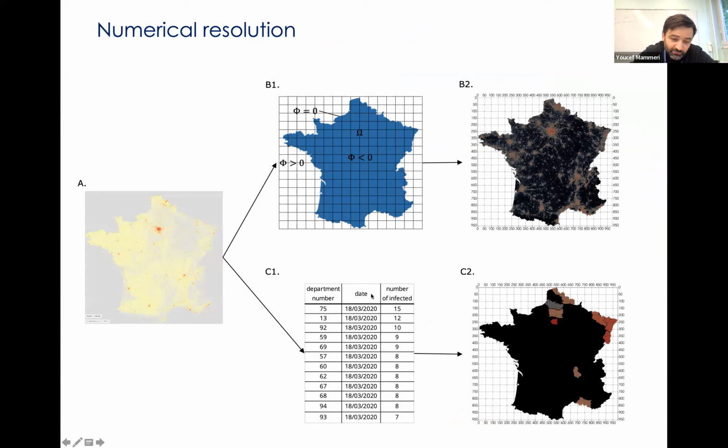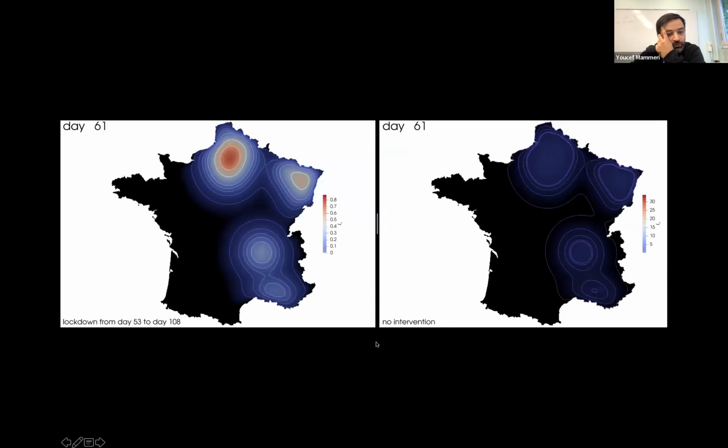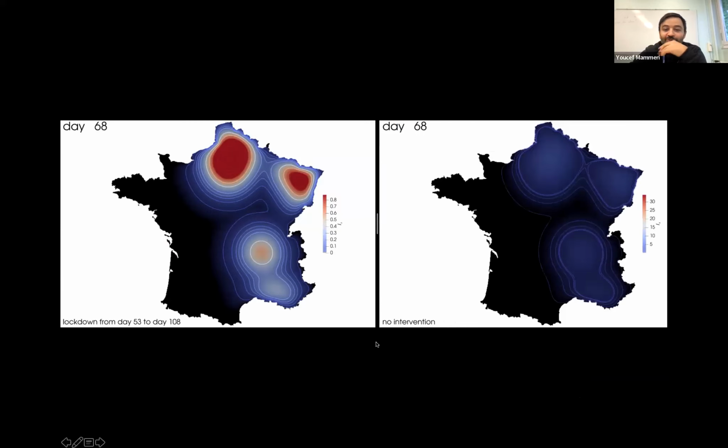So this is also something good that we have. During that time, we don't have the number infected per city, but we have it per state. So we have this kind of map, so we can say, okay, in this state, I have 9 infected individuals. Just to show you the simulation. In the simulation, it's quite simple.